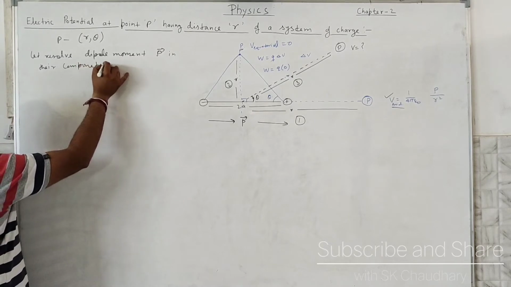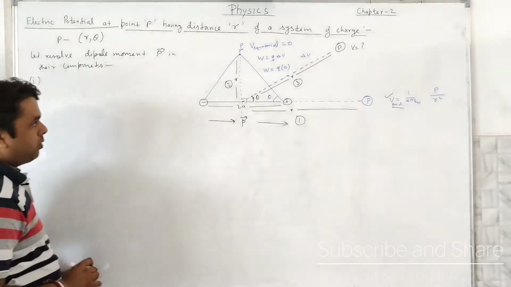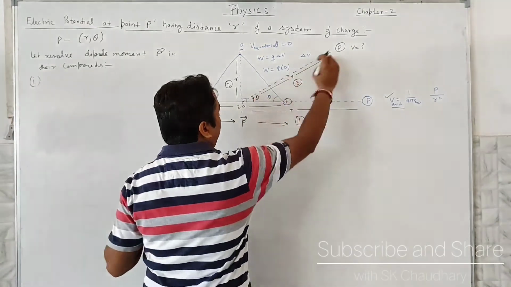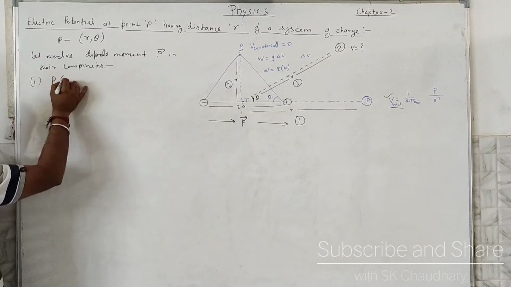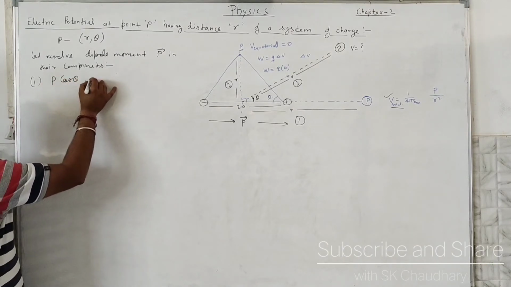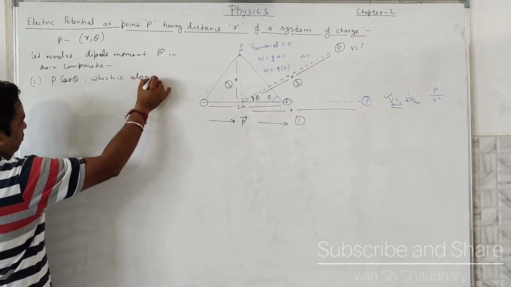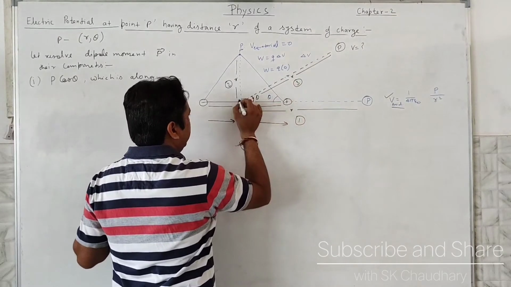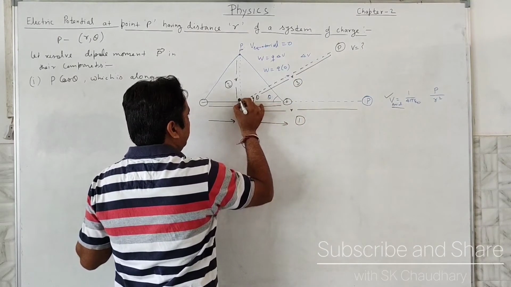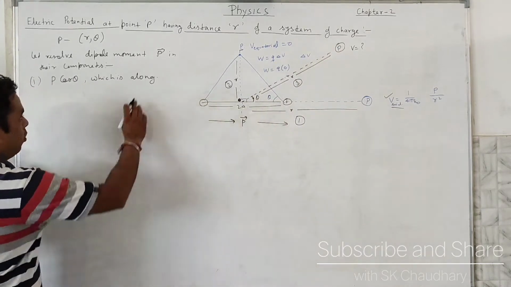What are the components? The first component of this dipole moment along this point will be P cos theta, which is along from this point to this point. That is the center O, so from O to P. So that is along OP.